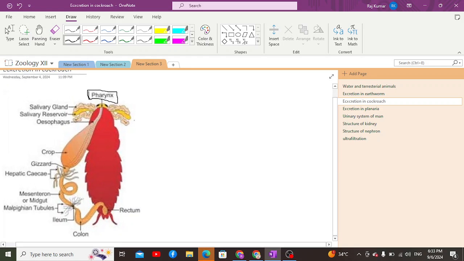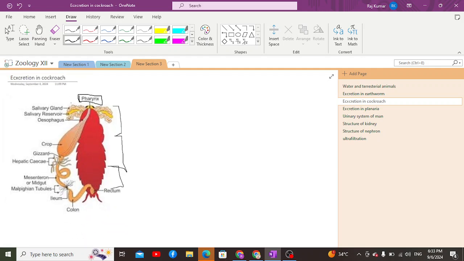In cockroach, there are three major parts, which include foregut, midgut, and hindgut. The foregut is a part where the salivary gland, salivary reservoir, and esophagus are located. Midgut is a part where we have the crop and gizzard, and hindgut is a part where we have the mesenteron, ileum, colon, and rectum.